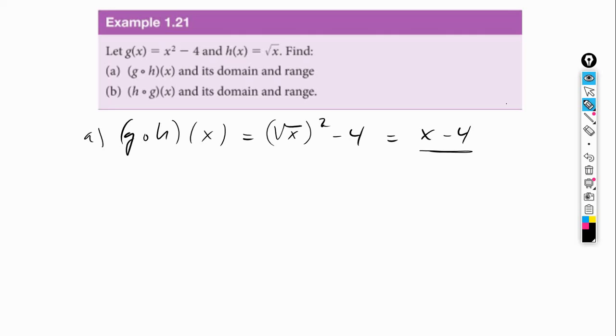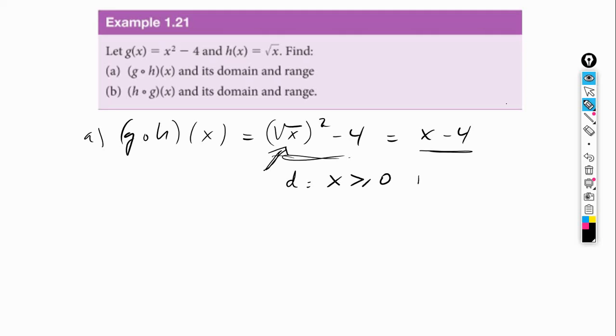But because it's a composite function, we have to take into account h of x. So we can use this here to see what the domain and range are. So h of x, which is square root of x, is going to limit the domain. The domain will be x values that are greater or equal to 0. That is the domain because we cannot have negative square roots.